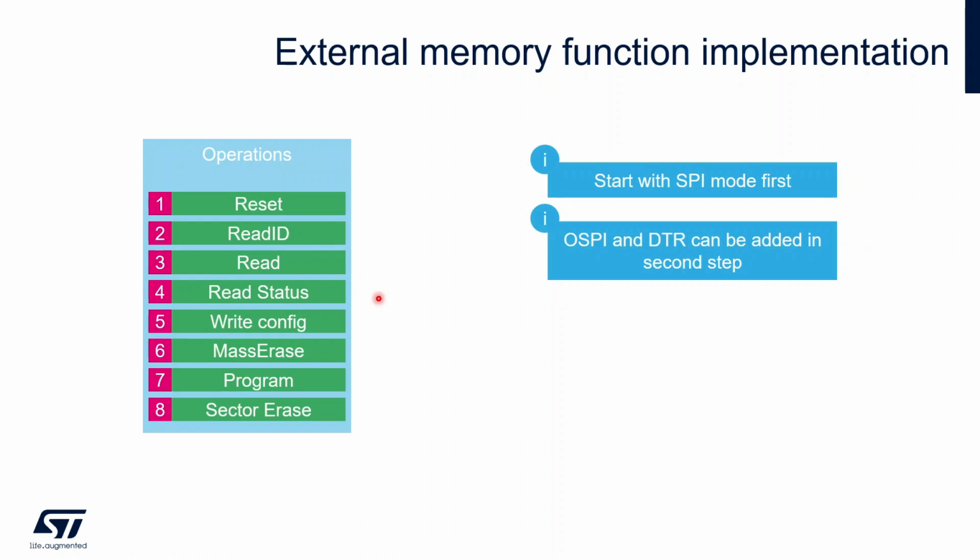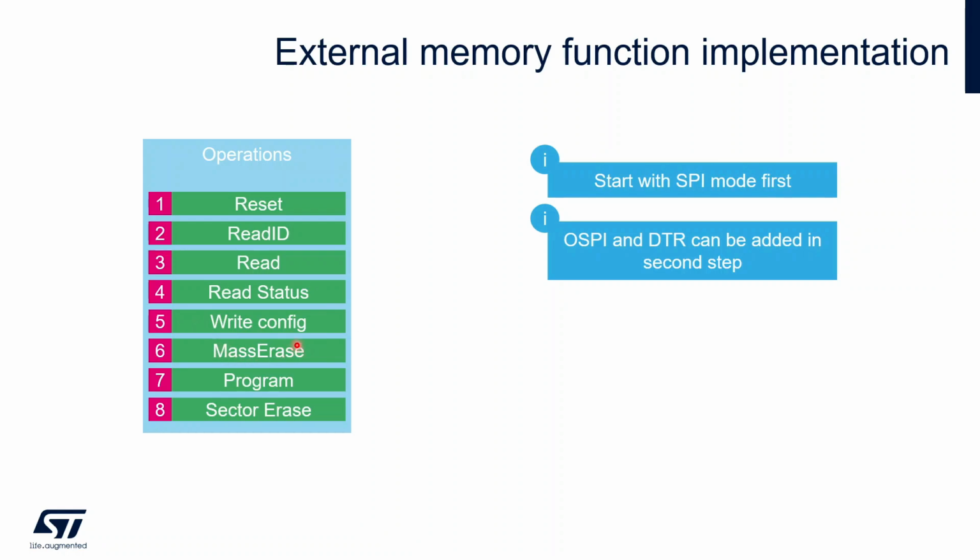In case we start programming or erasing, we need to learn how to read this status register. Then we need to learn how to write the configuration, because the memories by default are locked, and if you want to do erasing or programming, you need to unlock them, so you need to write the configuration into the memory to unlock it.